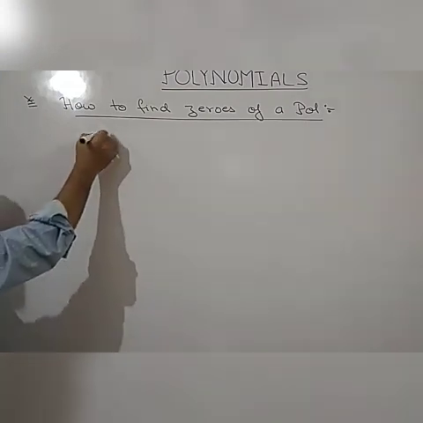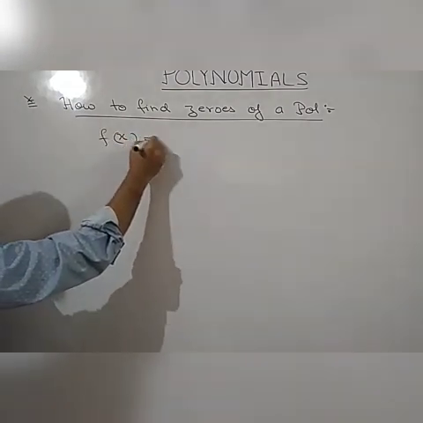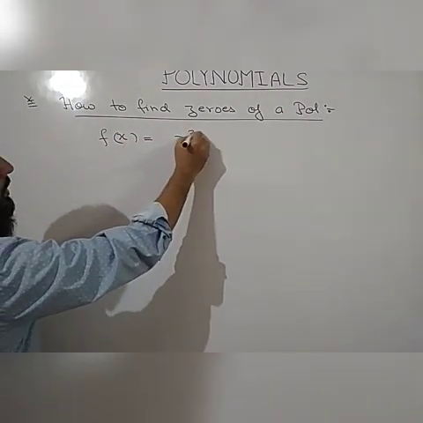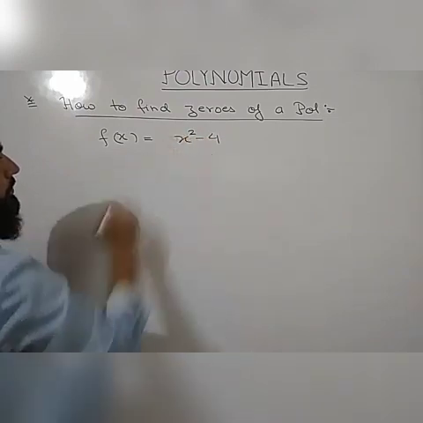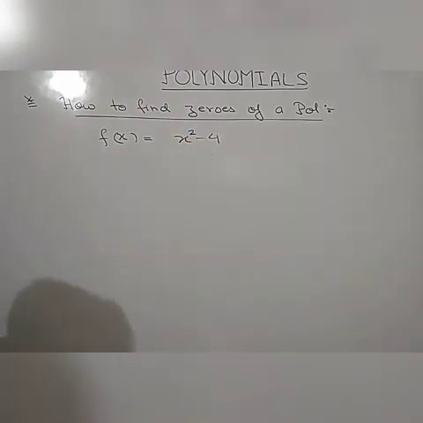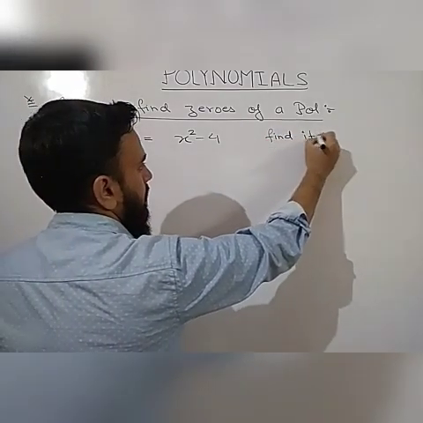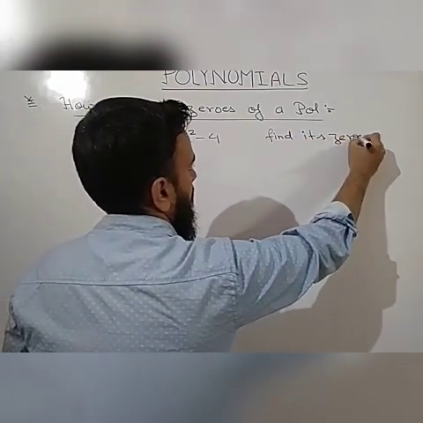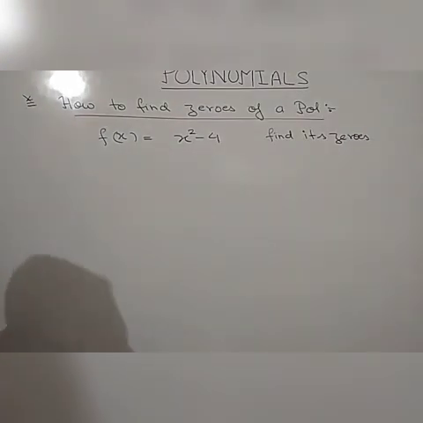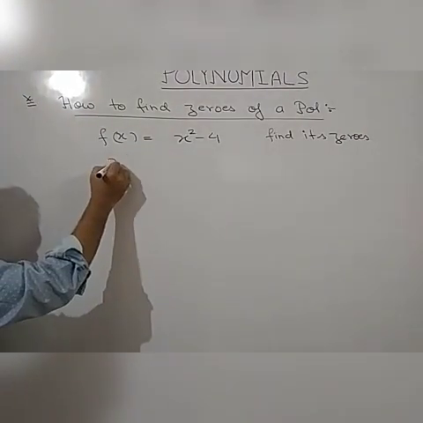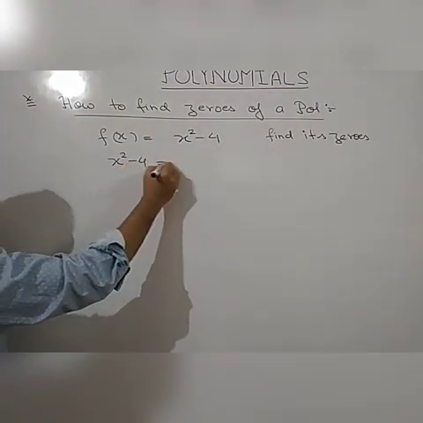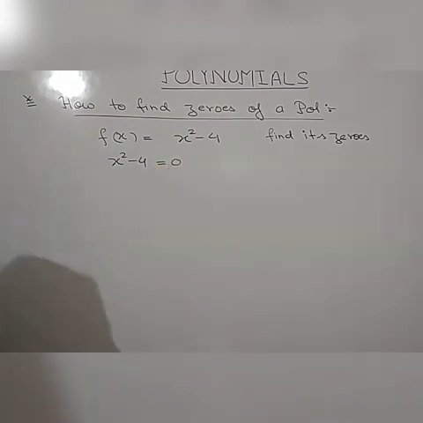If you are given a polynomial f(x) = x² - 4, it is a quadratic polynomial and you have to find its zeros or roots. Then what we have to do? We have to put this polynomial equal to 0.